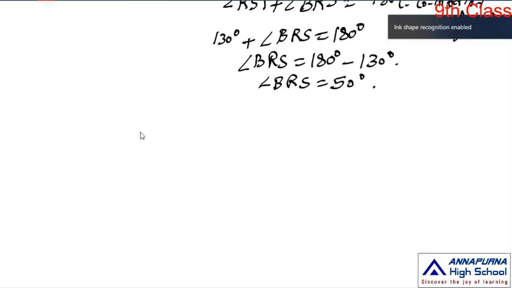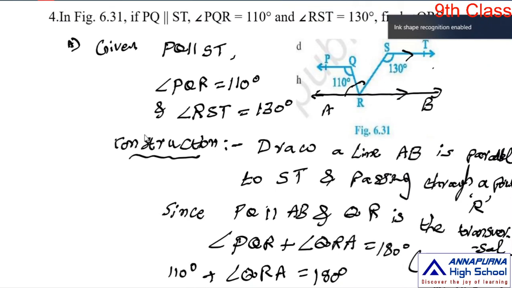See the figure. AB is a straight line. So angle ARQ plus angle QRS plus angle BRS, whose sum is 180 degrees.